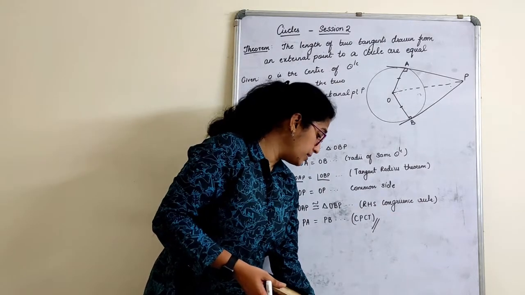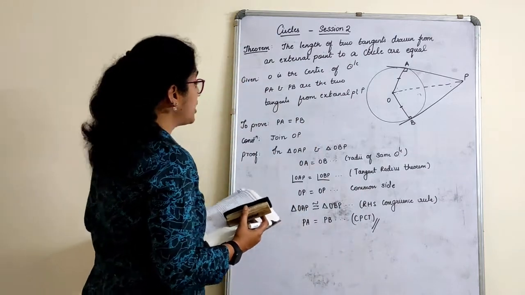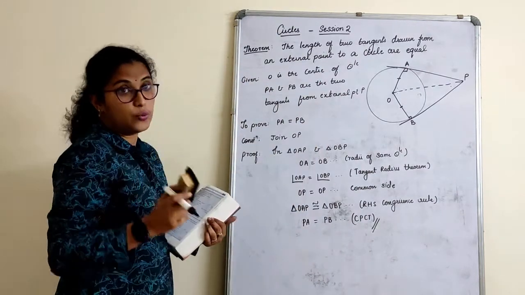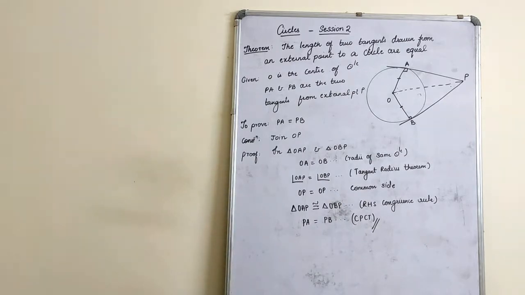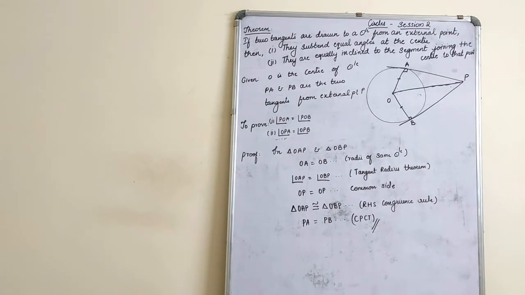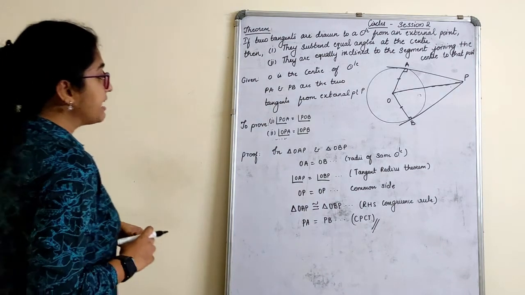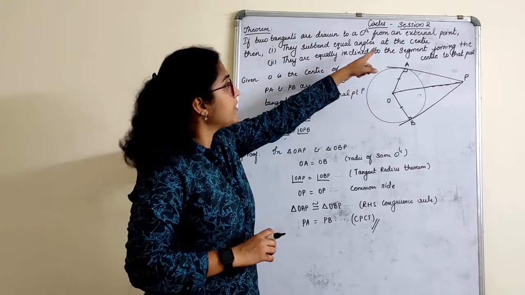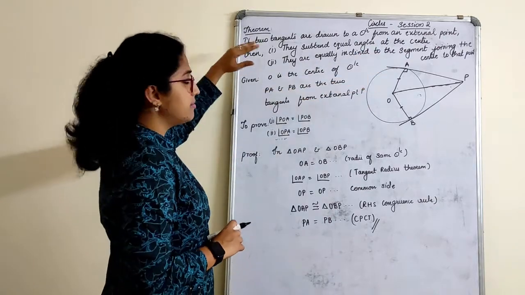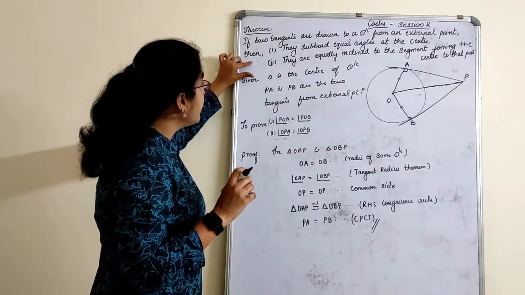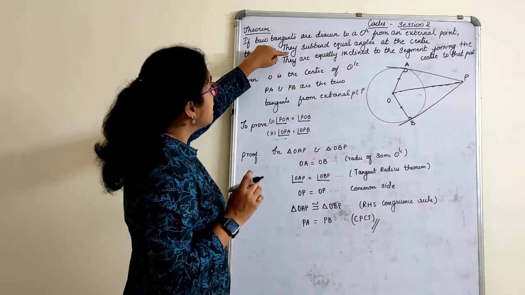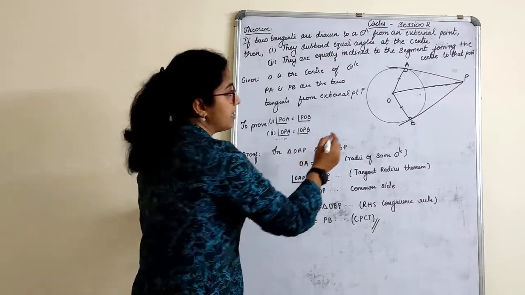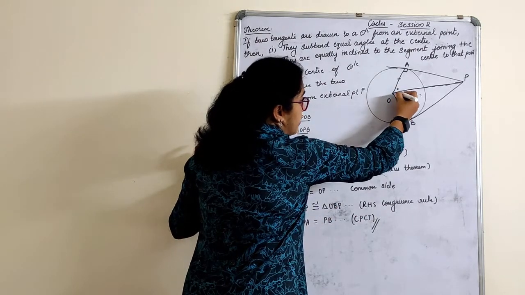The same thing when we prove it and when we get the result. So what I will do now is only write the statement and change a bit of the given here. The later proving part will be the same. The next theorem says, if two tangents are drawn to a circle from an external point, then what we have to prove is that they subtend equal angles at the center.